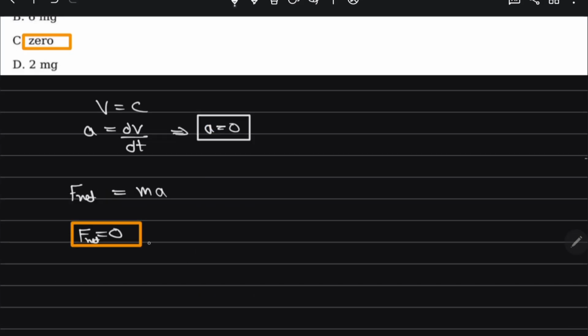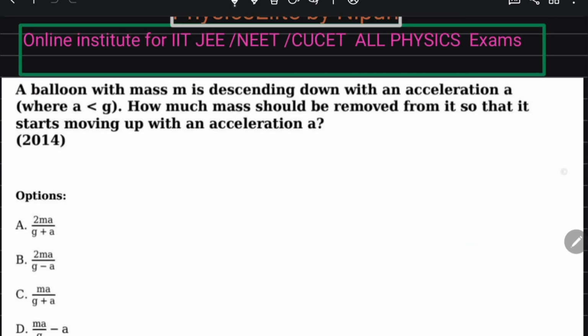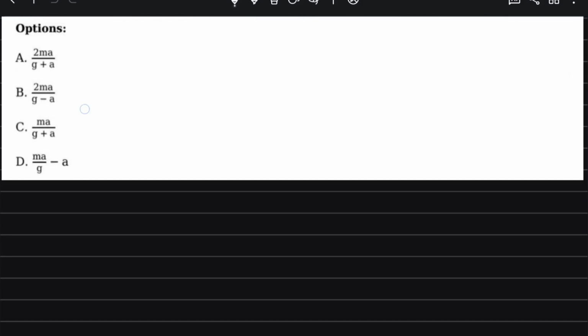So this is a tricky question. They will confuse you. So option C is correct. This is also a very good question. A balloon with the mass m is descending down with an acceleration a, where a is less than g. How much mass should be removed from it so that it starts moving up with an acceleration a?